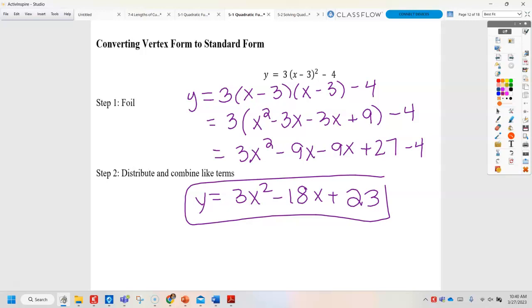So again, the order of doing that is to first find your vertex and then to find the equation. I set them up for you to walk you through the process. So you have x equals h, plug h back in, and then plug it all in. I gave you space below each part to work it out.